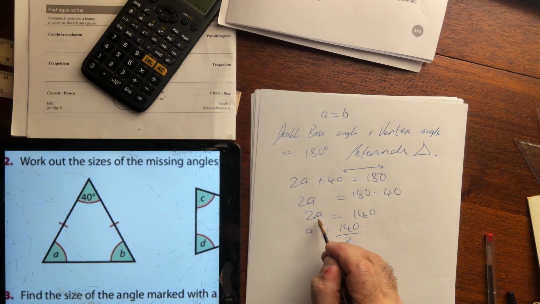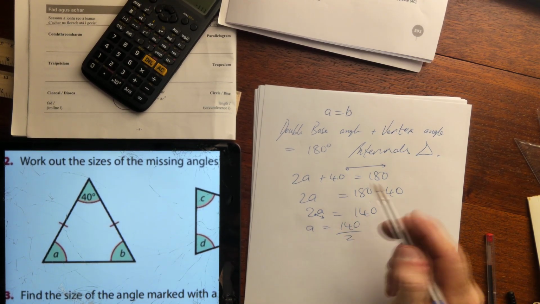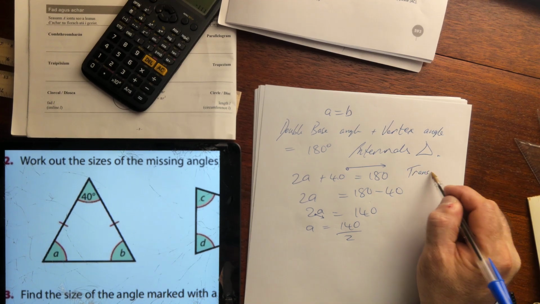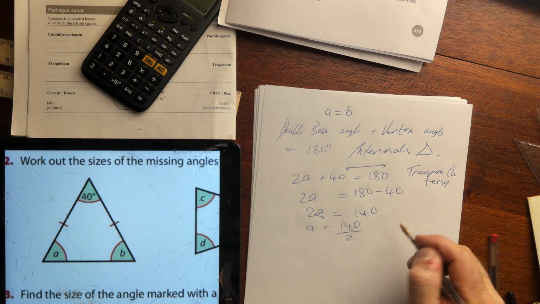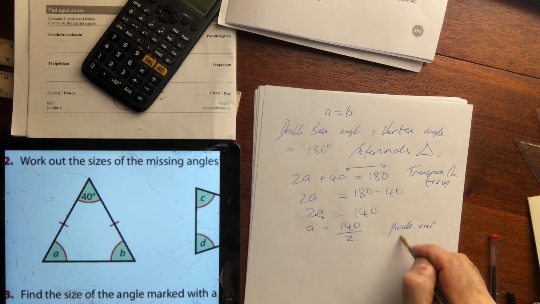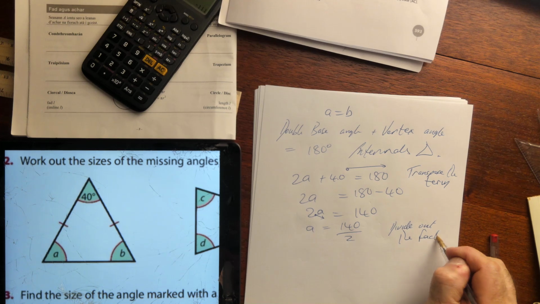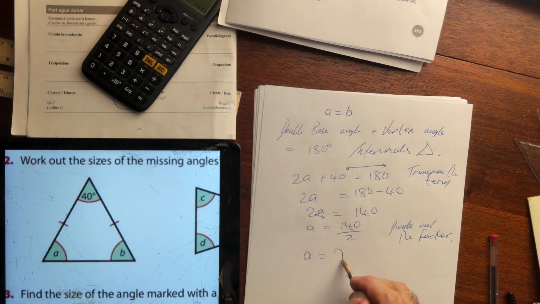Why? Divide down the factor, transpose the term, divide out the factor. A equals 70, but we know A equals B, so B equals 70.